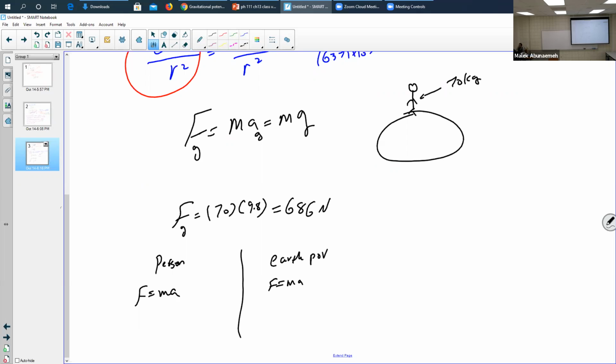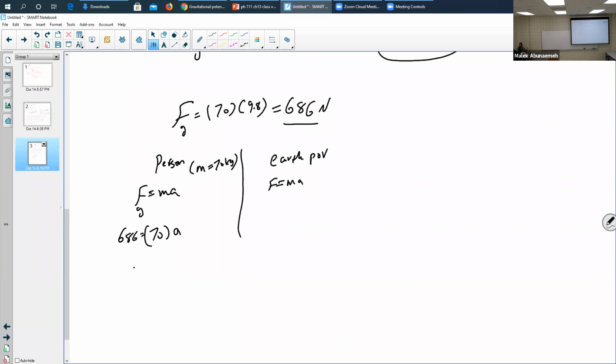So for the person, our force was 686 newtons, our mass was 70 kilograms, multiplied by your acceleration, a. That means your acceleration is going to be almost 9.8 meters per second squared.